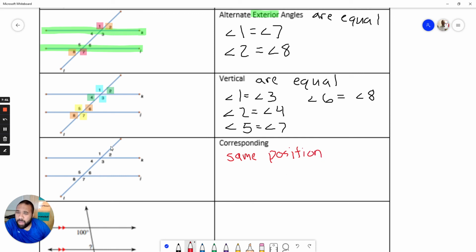And what we mean by that is that we have this top set of angles and we have this bottom set of angles. So we're going to look for which ones are in the same position in both places. So we have angle 1 and angle 5. They're both on the top left.